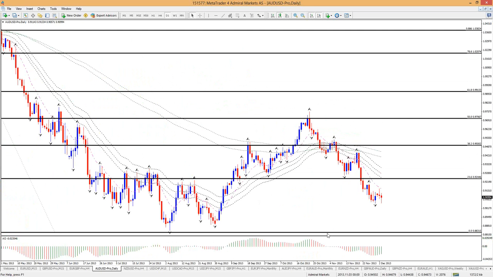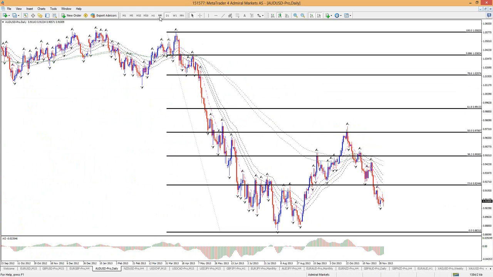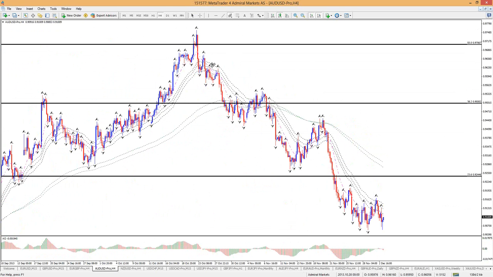Let's take a look at the daily. You can see lower lows and lower highs, and the band here of the daily pointed to the downside, a good angle to the downside. We could even probably put a trend channel, in fact, on the 4-hour chart here maybe is the best for this downside.